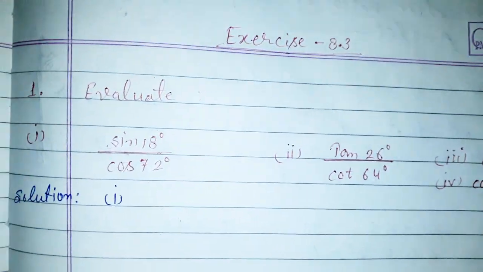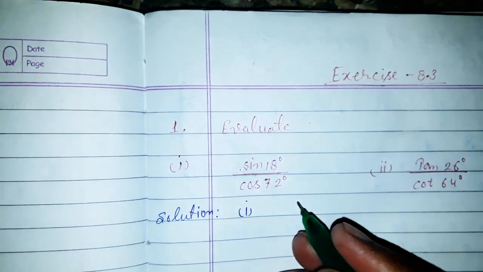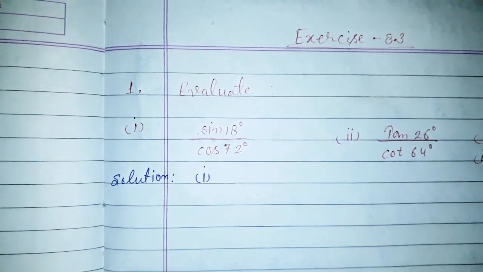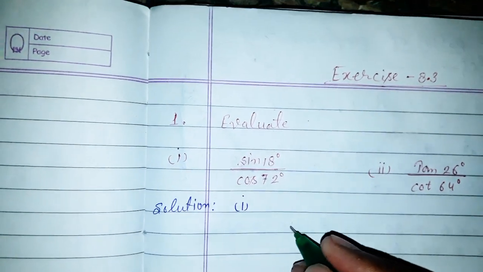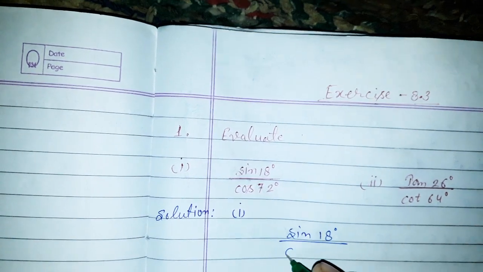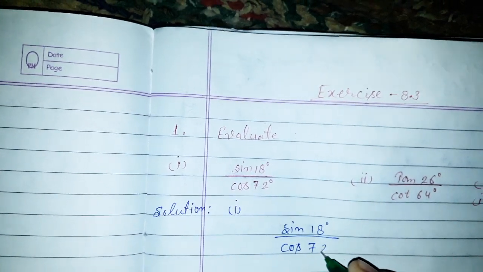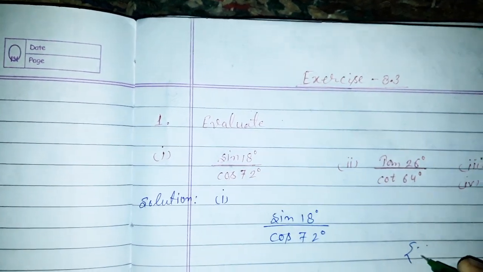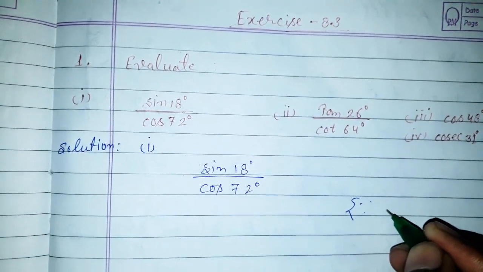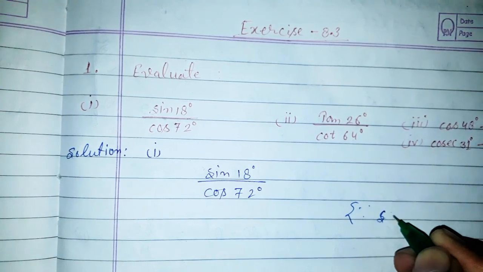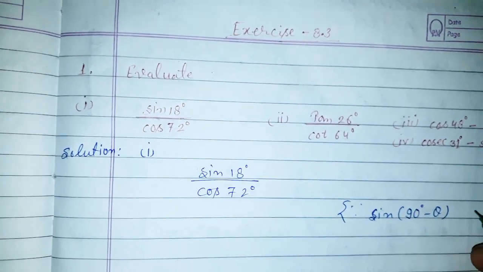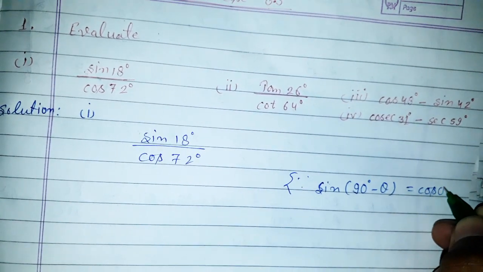First question: sin 18 degree upon cos 72 degree. We know that sin(90 minus theta) is equal to cos theta.